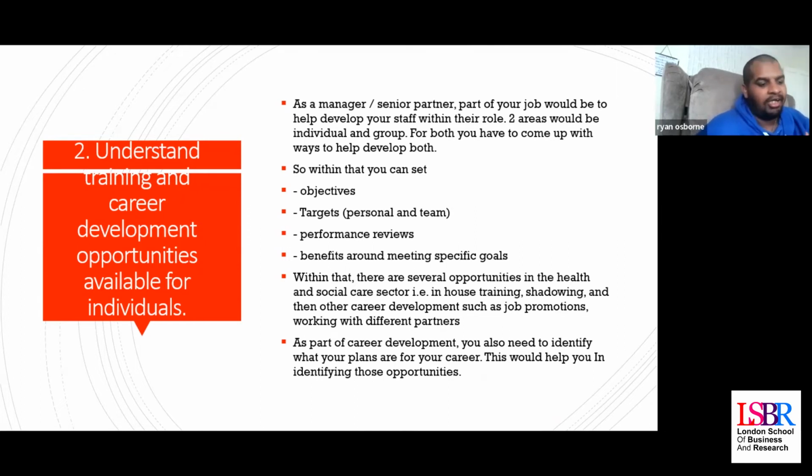As you develop those particular people, how are you going to develop them? There are many ways that you can develop your staff. Individually, I think it's key, because you can develop your staff in a number of ways. You can develop them one-to-one.